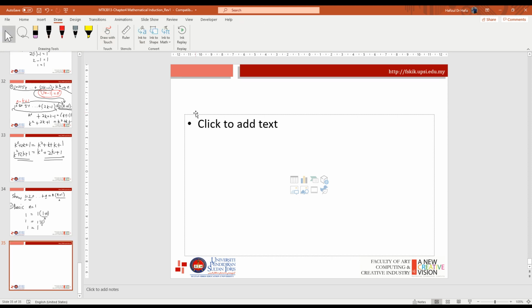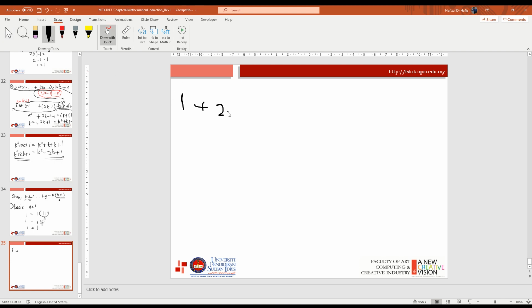Kemudian kita nak gantikan dia dengan K plus 1. So we assume that 1 plus 2 plus dot dot dot plus K is equivalent to K plus 1 divided by 2 lah.